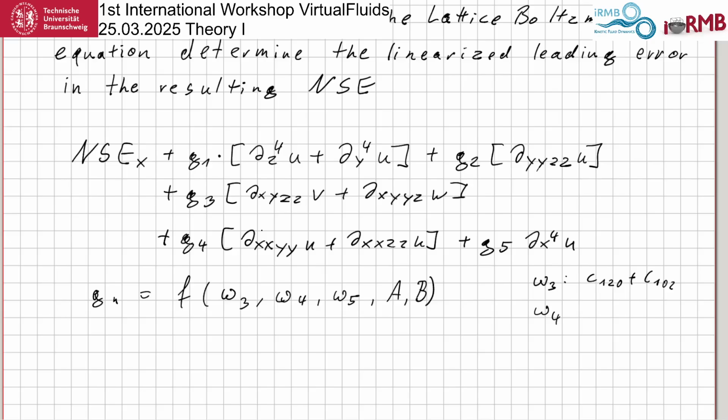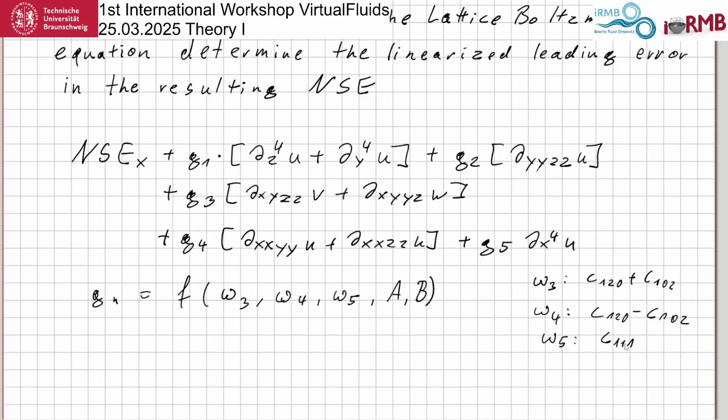Then you have to be diligent here, because you have to identify what you can relax with different rates. So you would set omega 4 to C1,1,0 minus C1,0,2. So we have once the sum and once the difference, and then we have omega 5 as the rate for C1,1,1.